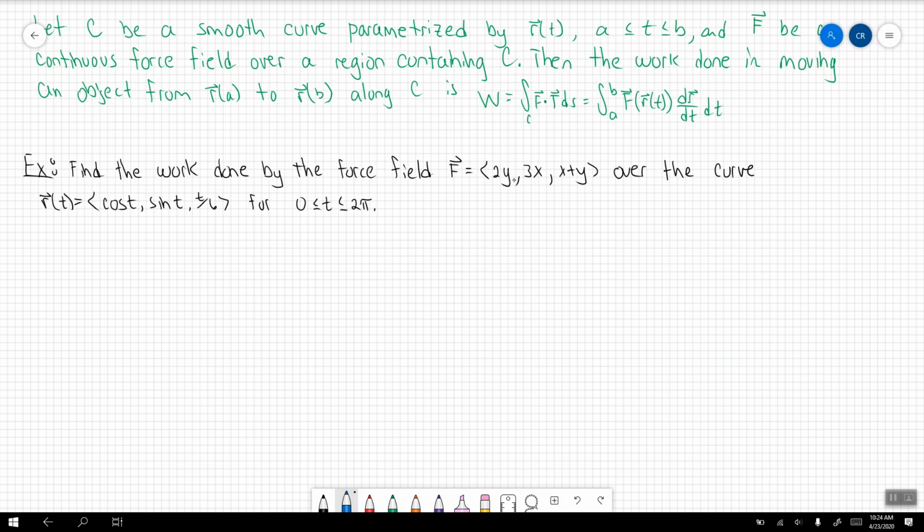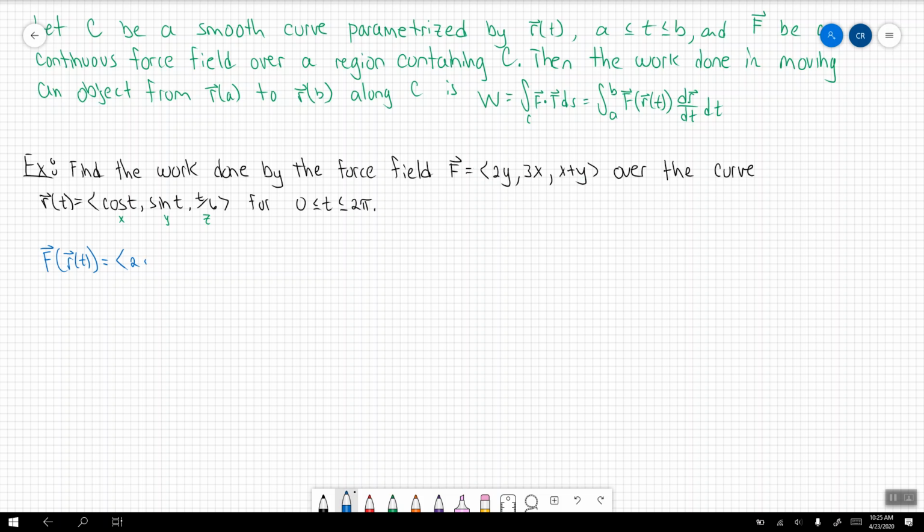So we have this vector field here, right? And the first thing that I'm going to want to do is make a function composition of my vector field with my position function. And your position function is going to give you your x coordinate, your y coordinate, and your z coordinate. So all we then have to do is substitute it into our vector. So this is going to be 2 times y.